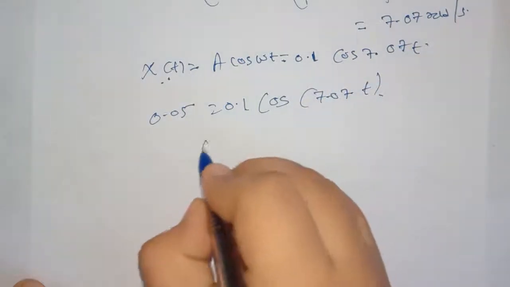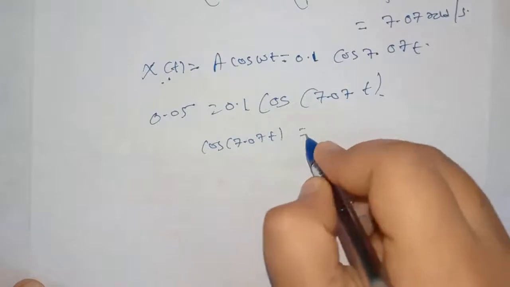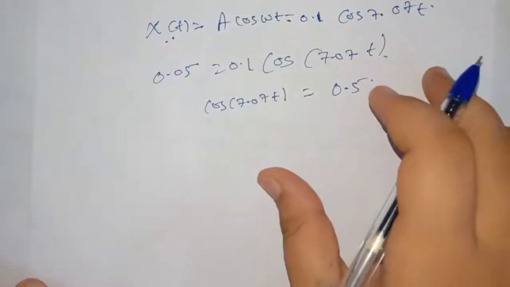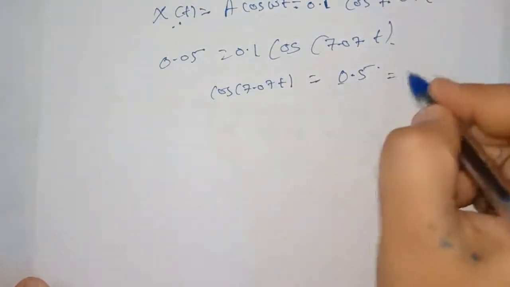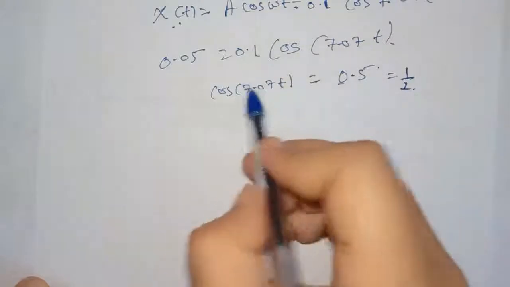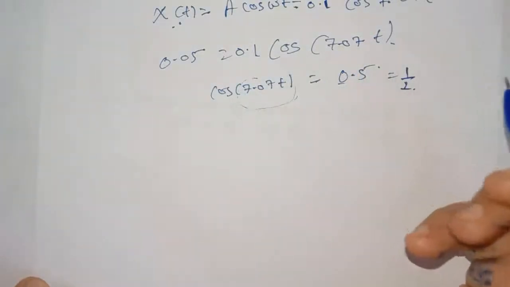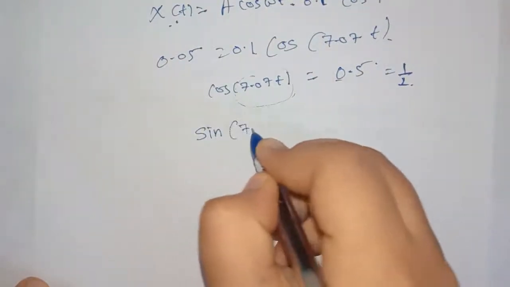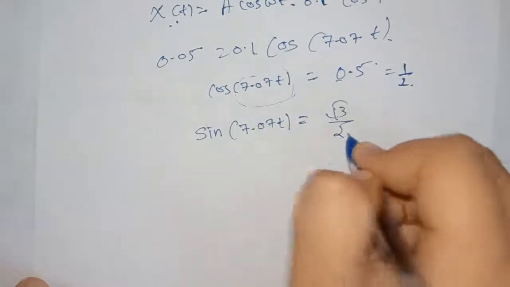So we can write cos of 7.07 t is equal to 0.5, that is 1 by 2. So this value will be pi by 3. So sine of 7.07 t will be equal to root 3 by 2.